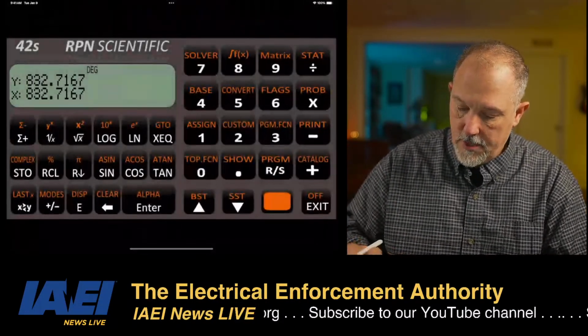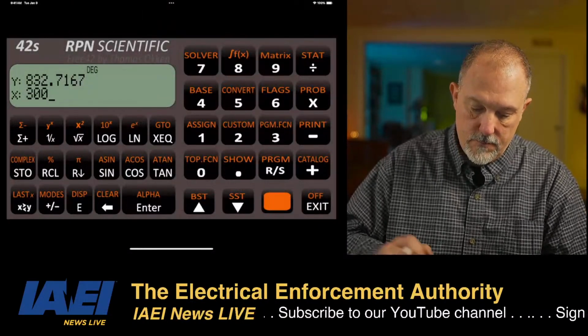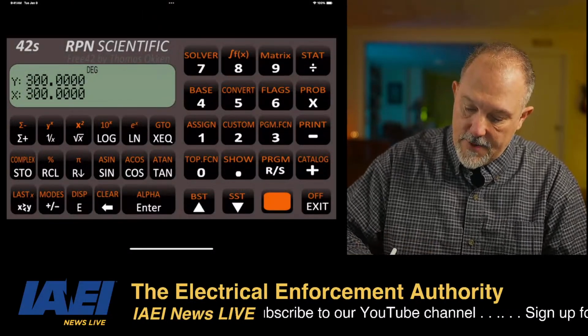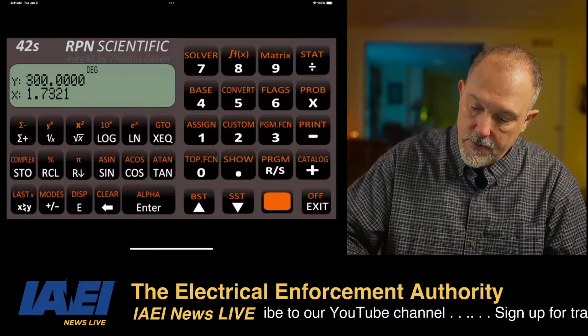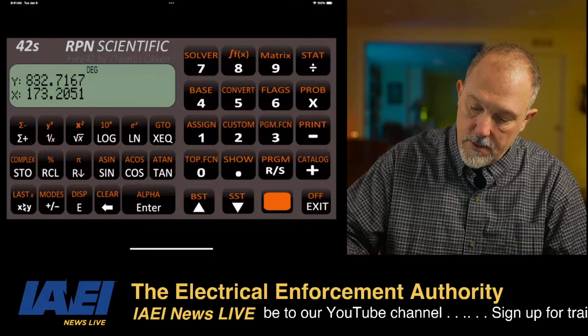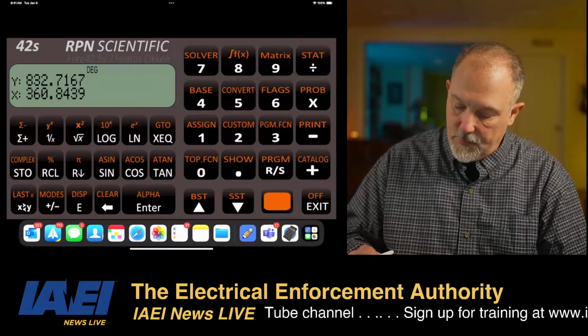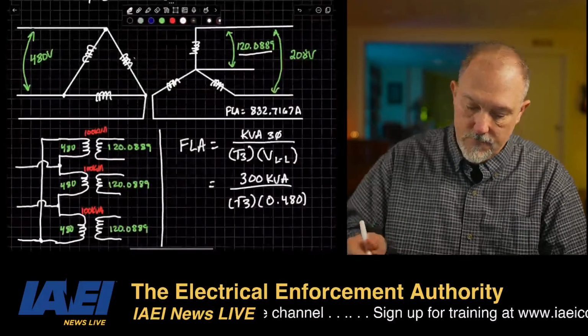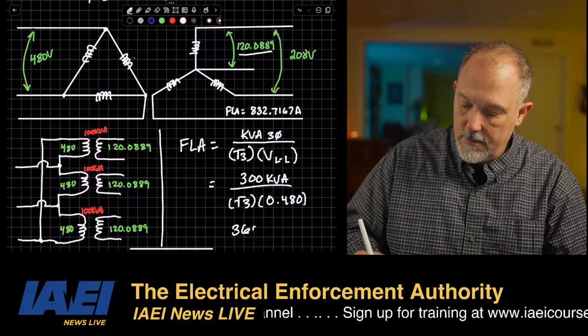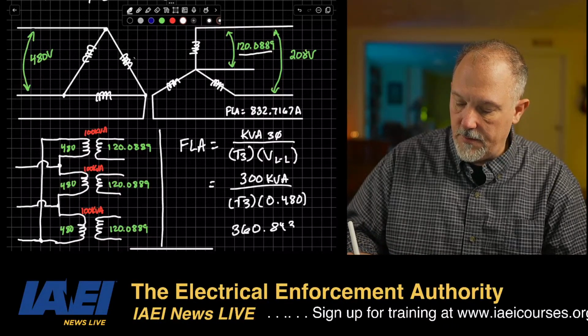So 300 kVA divided by the square root of 3 divided by 0.480, 360.8439.